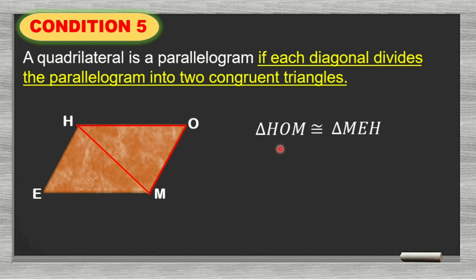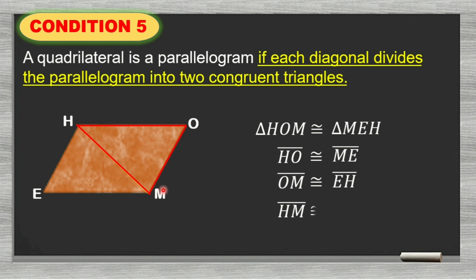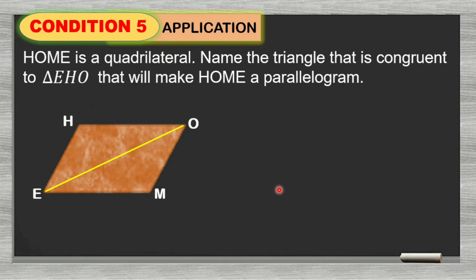Kaya, ang side HO ay congruent sa side ME. Okay? HO and ME. Tapos, yung side OM is congruent, so this side OM is congruent to side EH sa pangalawang triangle. And then, yung side HM, so ito ang side na to, is congruent to side MH naman sa second triangle. Okay, so let's have an example.